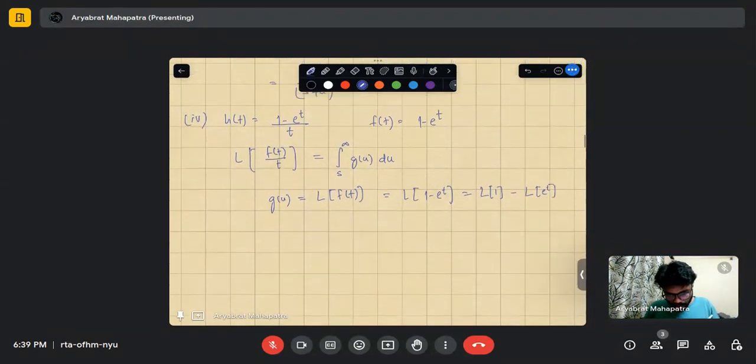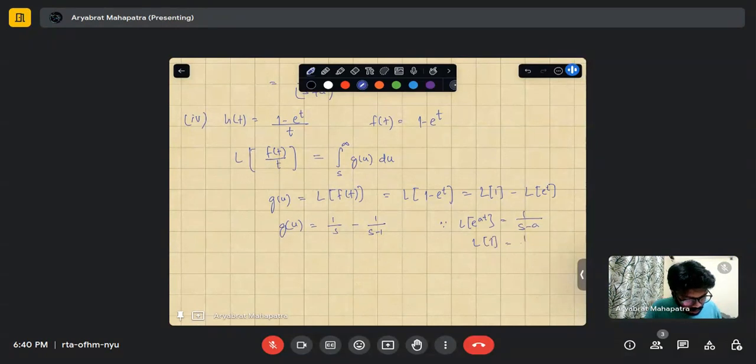That means your g of u is: the Laplace transform of 1 is 1 over s, then the Laplace transform of exponential t is 1 over s minus a. Again, using the above results, the Laplace transform of any general exponential of this kind gives s minus a, and the Laplace transform of 1 is 1 over s.